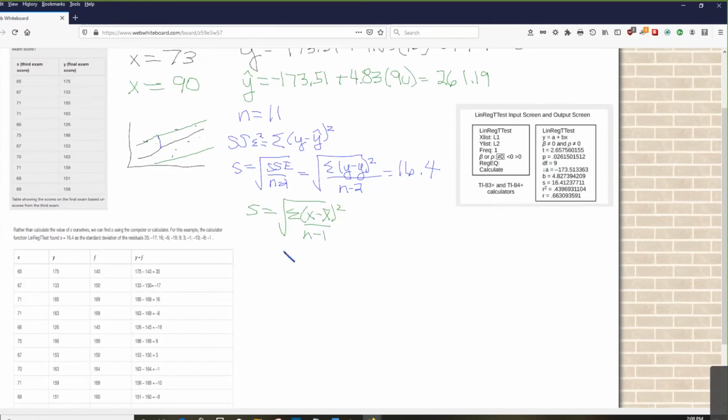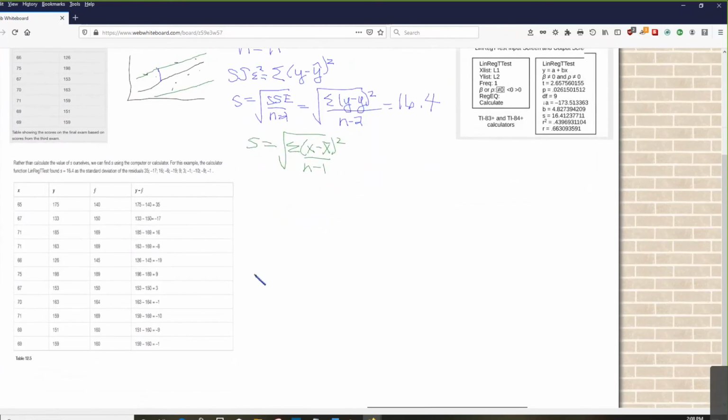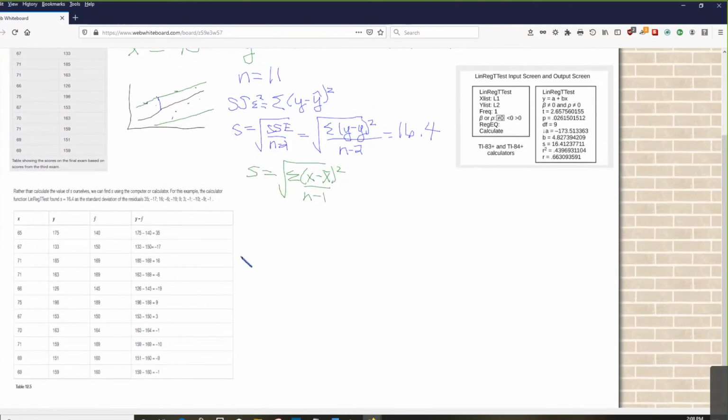So now, if you don't have that calculator, then you will need to do it by hand. So let's go ahead and do that. This table did a bunch of the math already for us. These are our X values, these are the Y values. This is the estimated Y, doing our equation of the line.